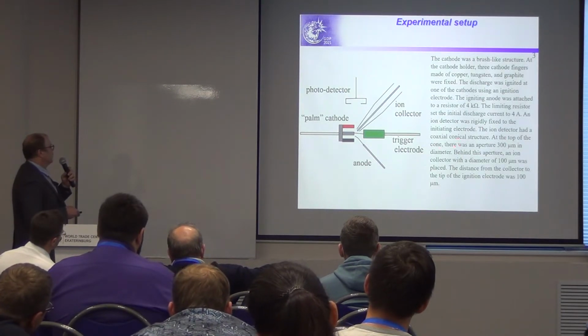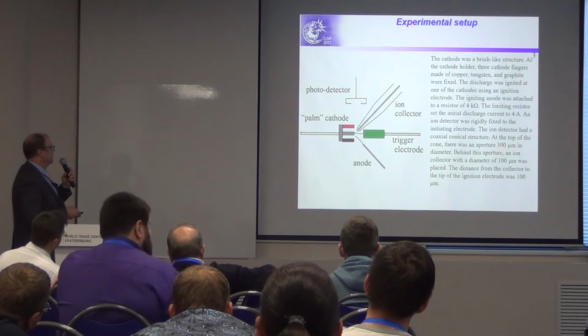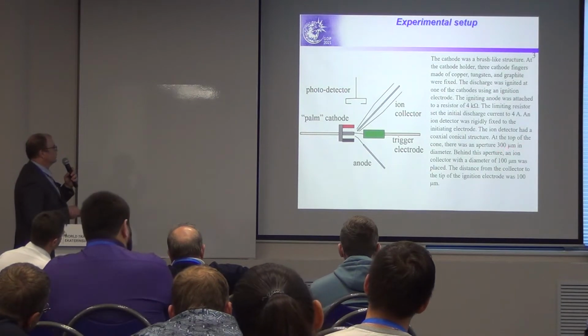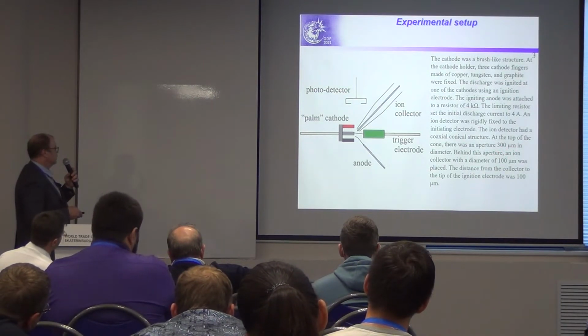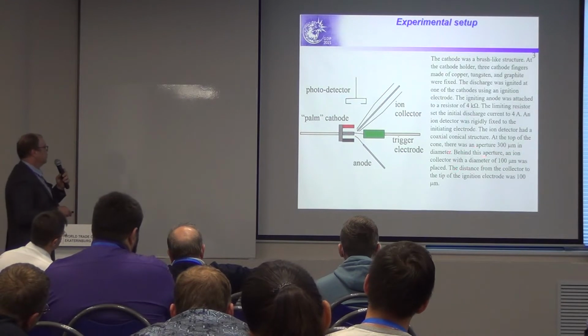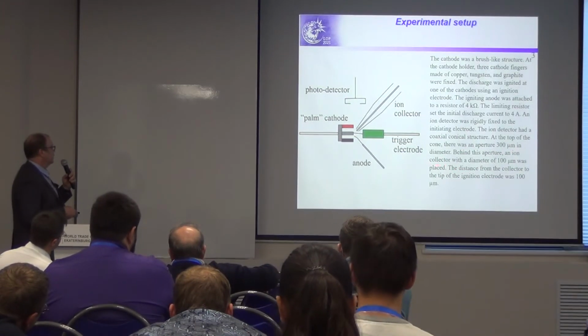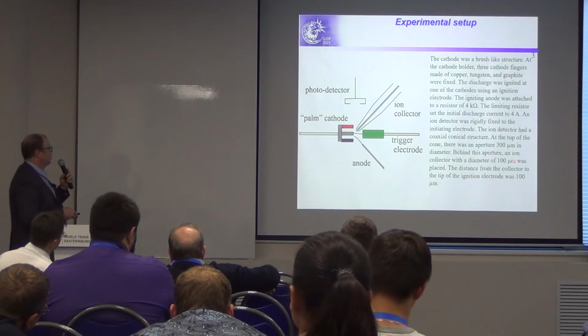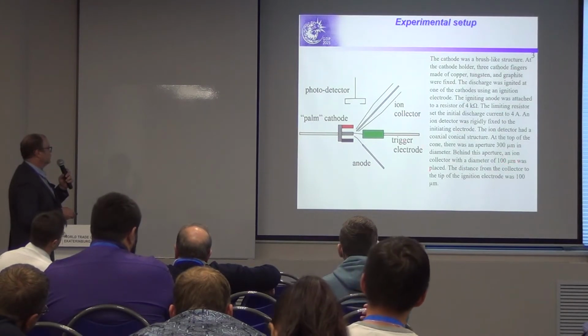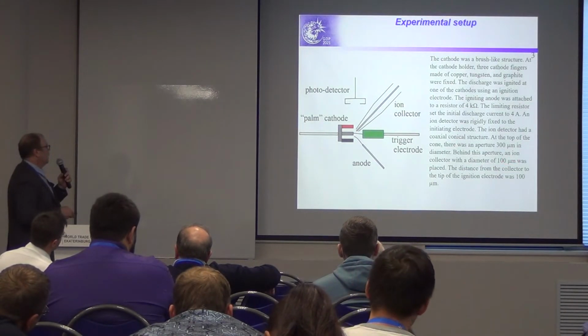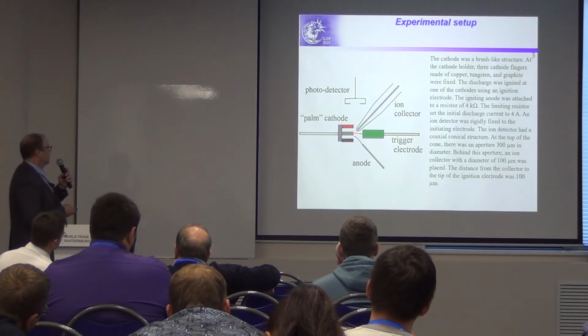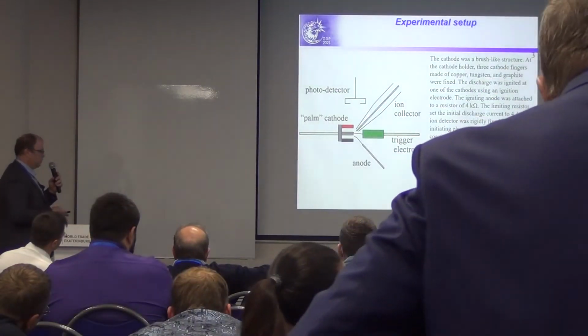At the top of the cone, there was an aperture with a diameter of about 300 micrometers. Behind this aperture, an ion collector with a diameter of about 100 micrometers was placed. The distance between the collector and the cathode surface was about 100 micrometers.